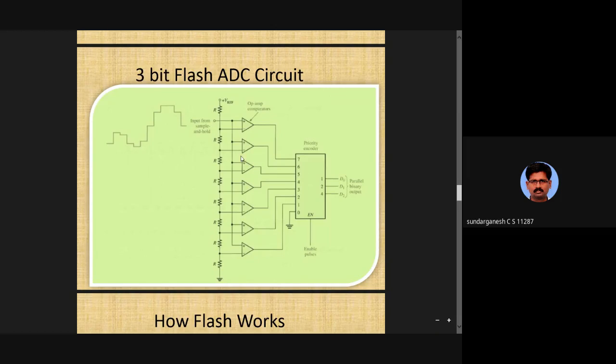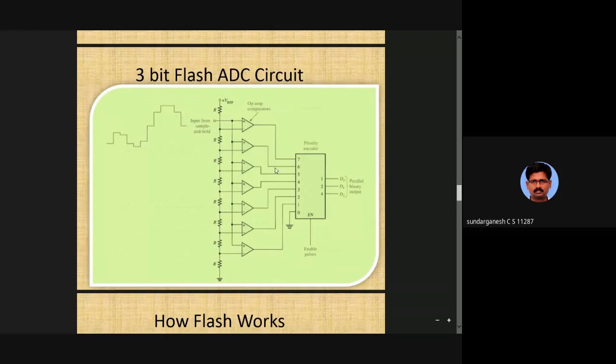Here the input voltage is fed to all the comparators. So even though many of the comparators' outputs are high, this priority encoder will take the highest priority input. Remaining inputs, even though they are high, it will neglect. That is the use of the priority encoder.